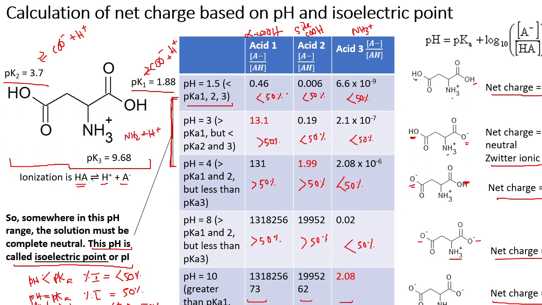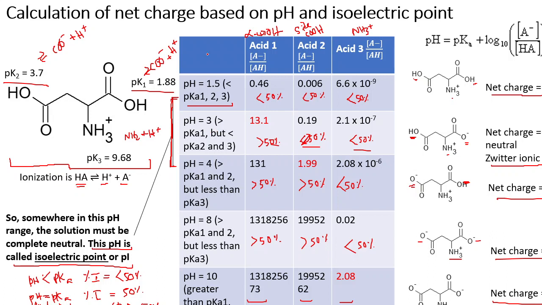One more very important point we just started discussing is the charge of the amino acid. When the pH is 1.5, none of the acid groups is dissociating above 50%, so all of them have very low dissociation. When the pH is 3, it just crosses the pK of the first group, so this one has over 50% ionization, but the other two are still less than 50%.